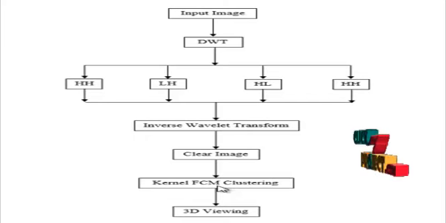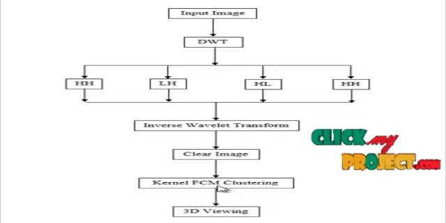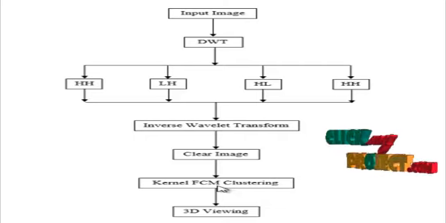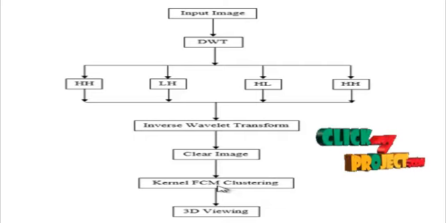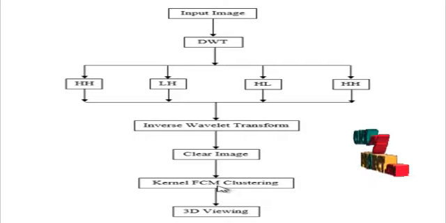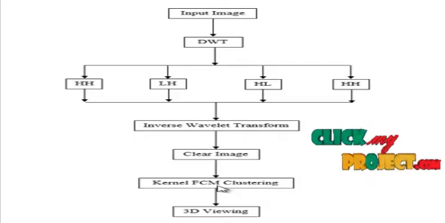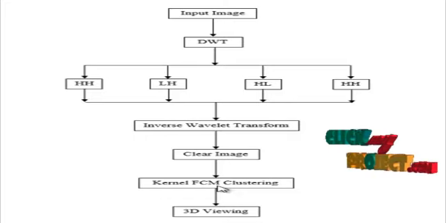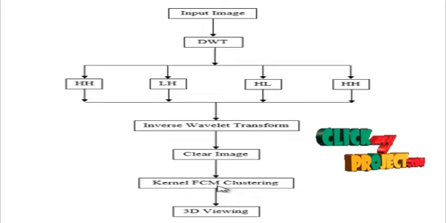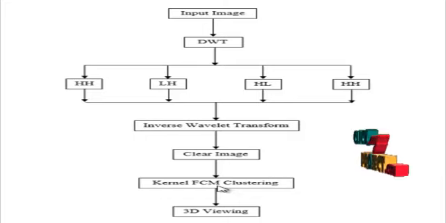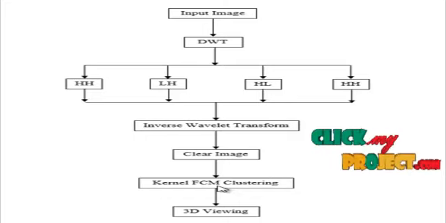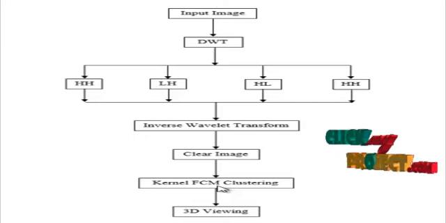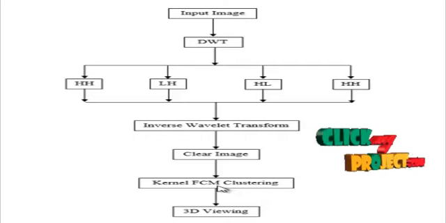For each cluster, the cluster centers are obtained. Based on that, the thresholding operation is employed in order to extract the object portions alone in the images, eliminating the background. After the extraction, 3D viewing of the input images is done. The segmented portions alone are denoted in 3D viewing in order to view the images in 3D locations.